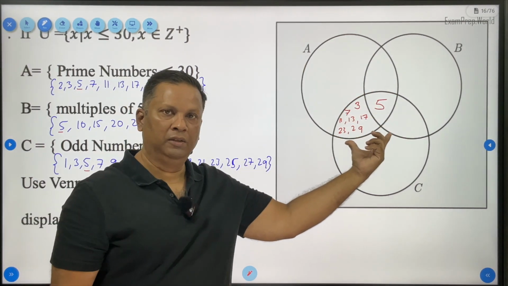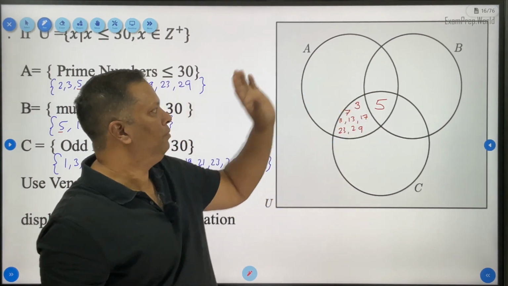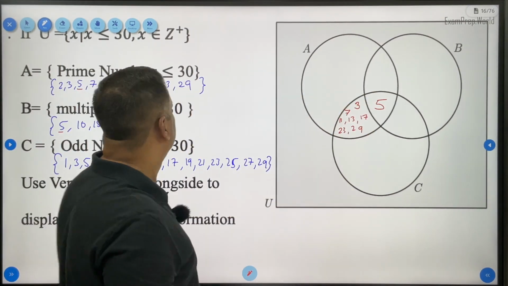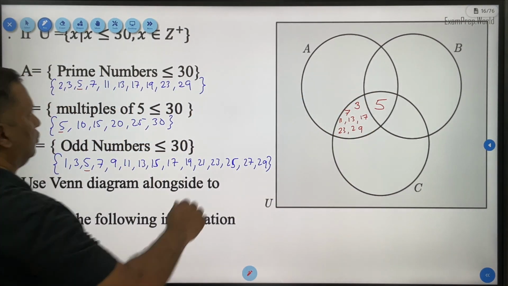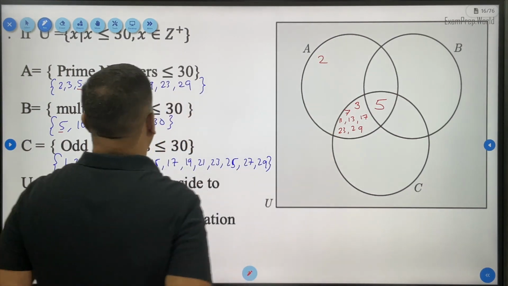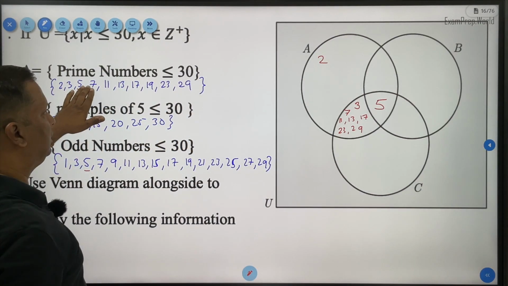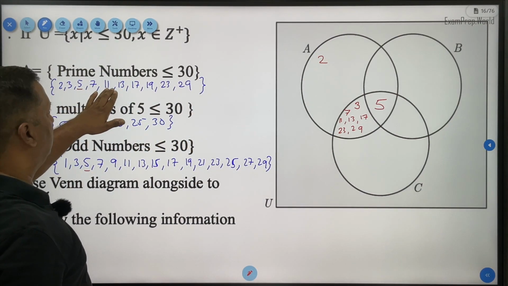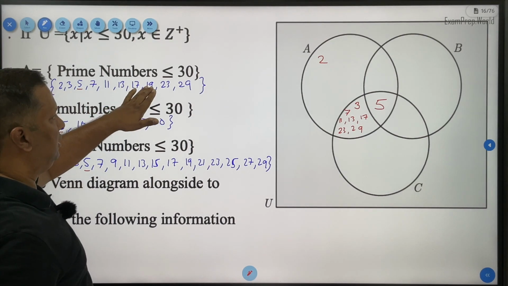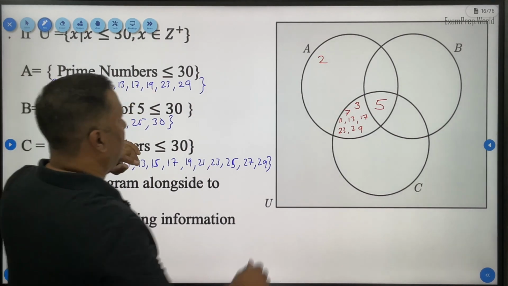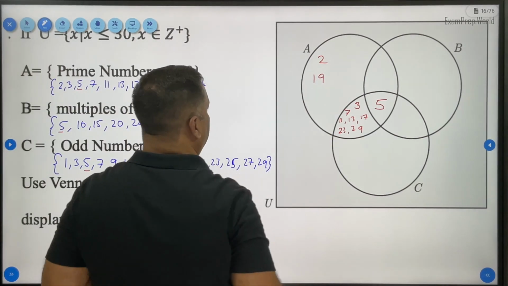So we have written there. Now what are the leftover elements of A which are not there here? I see 2. So I will write 2 here. 3 is done, 5 is done, 7 is done, 11, 13, 17. We got another one, 19.